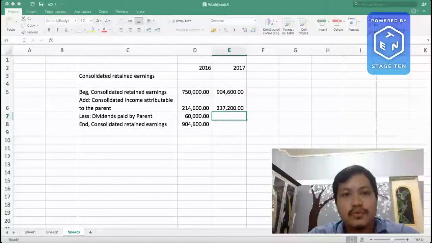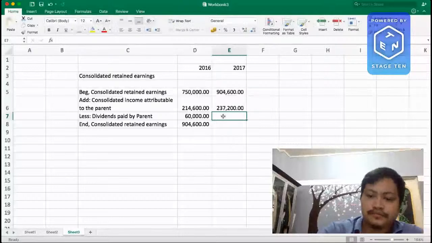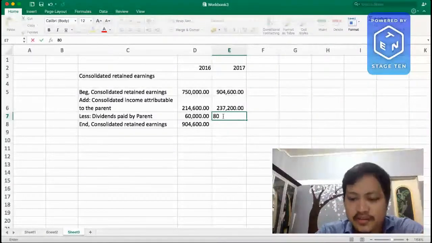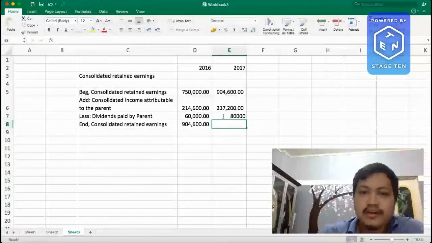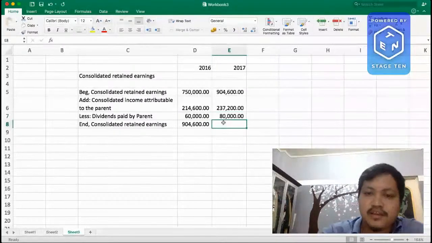So we will now deduct 80,000. And once you have these two amounts, class, then you will already have your consolidated retained earnings as of the end of 2017.